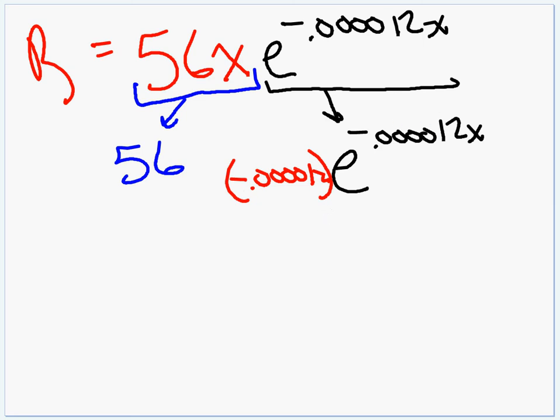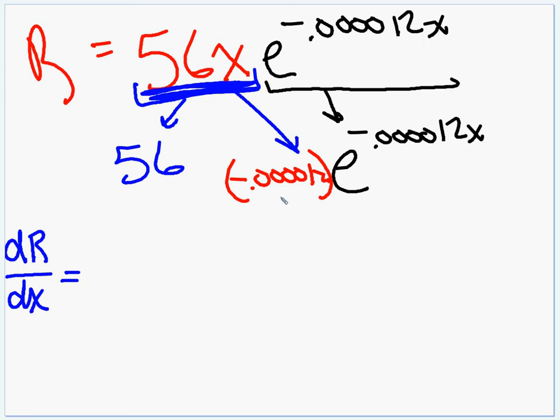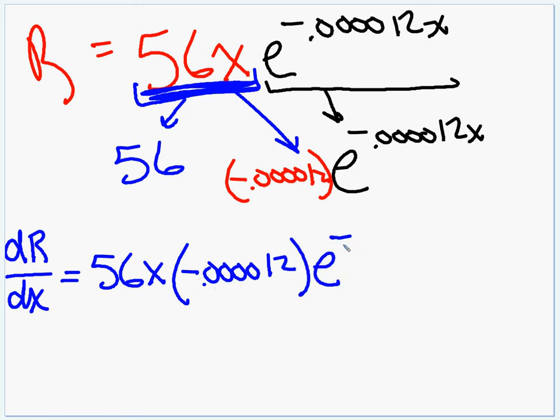Okay, let's do the product rule now. So dR/dx, the derivative of revenue, the change in revenue as we change the value of x. We're going to do this one, 56x times this stuff down here. So that's going to be 56x times negative 0.0000012 times e to the negative 0.0000012x.